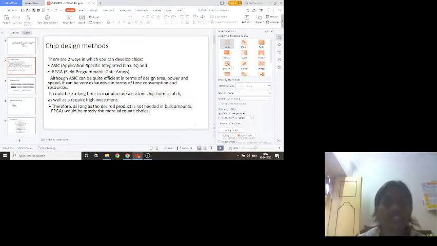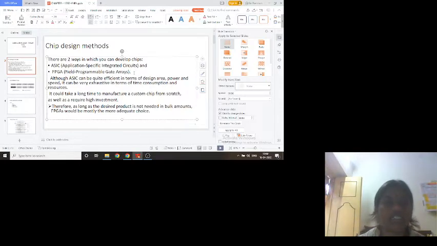Here, ASIC stands for application specific integrated circuit, which are integrated chips or ICs used only for a specific application, and FPGA stands for field programmable gate arrays, where different digital designs can be implemented by using these FPGA blocks.